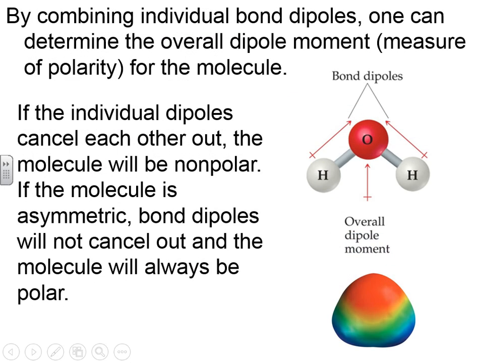Okay, so now by combining individual dipoles or individual bonds, we can determine the overall dipole moment, or the overall polarity, of the molecule. So that's what we're going to do here. If the individual dipoles cancel each other out, the molecule will be nonpolar. If the molecule is asymmetric, that means it's not equally distributed, the bond dipoles will not cancel out and the molecule will be polar.